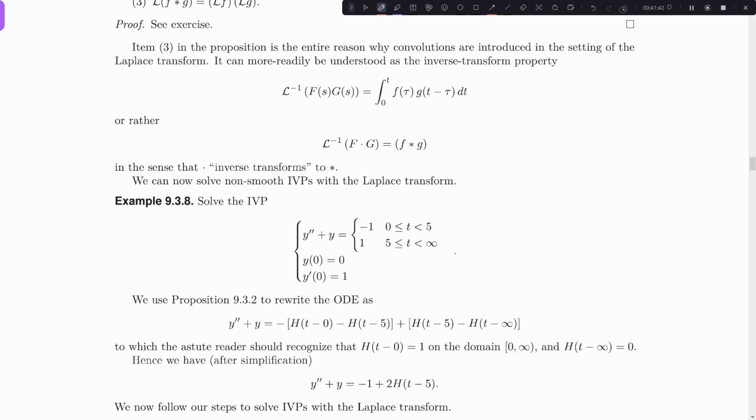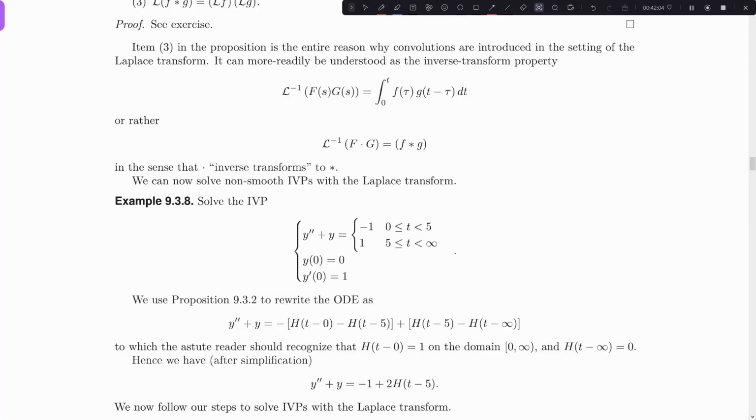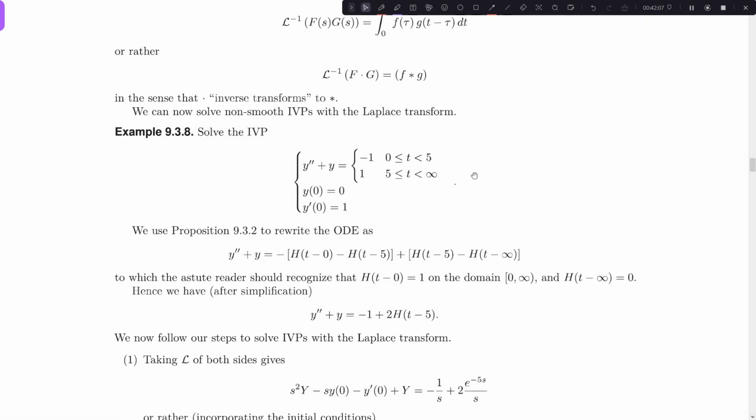So you can keep them around if you want to, but it's not the end of the world to get rid of them either. So if I simplify the right-hand side, this whole term can actually simplify to -1 plus 2 times Heaviside of t minus 5. And so that's really this ODE with the piecewise function on the right can be represented as an ODE now with the Heaviside function on the right-hand side. And I know how to compute the Laplace transform of the Heaviside function.